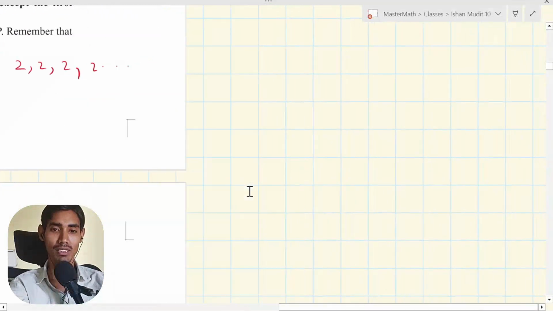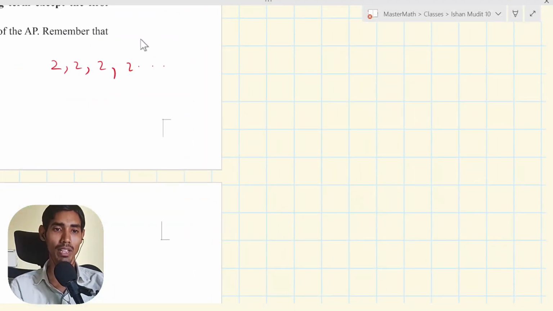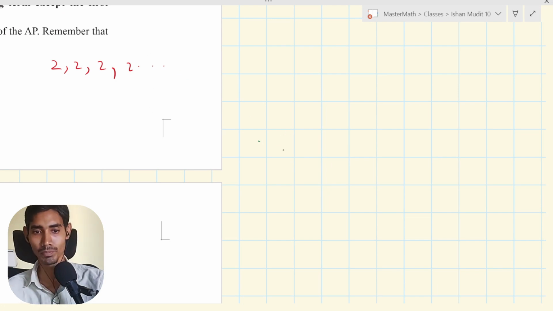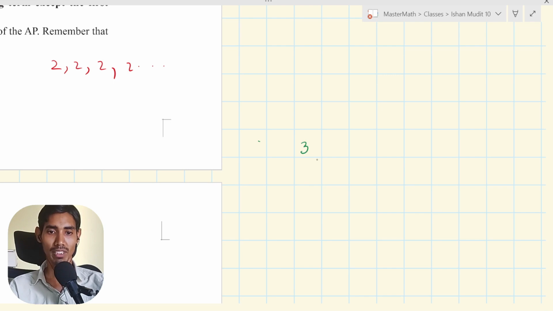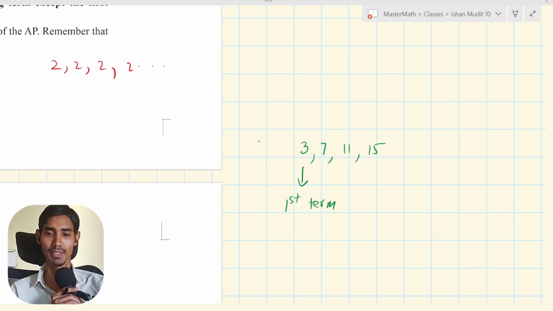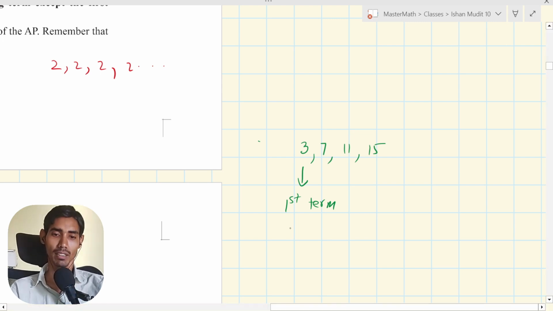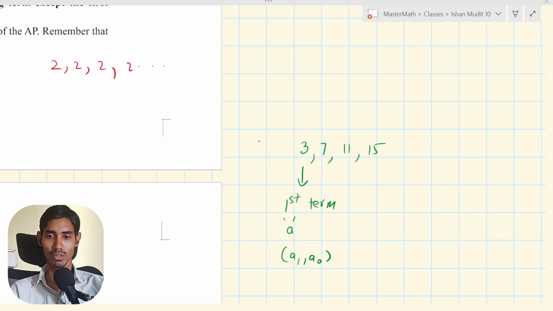Now let's start with one AP. Suppose we start with 3 and take 7, 11, 15. This is known as, obvious enough, the first term, and generally we write it as a. In some textbooks they use a1 or a0 also, but for our case we'll be using a.